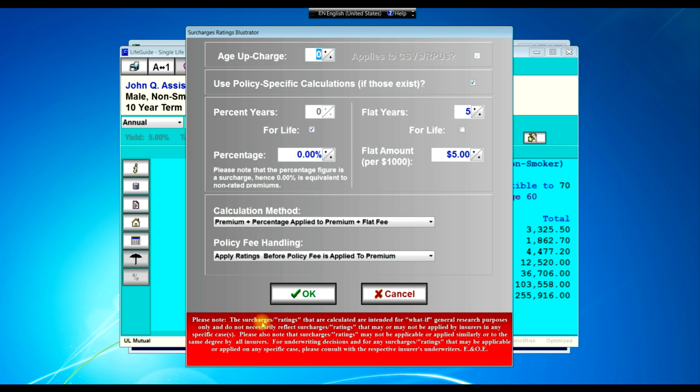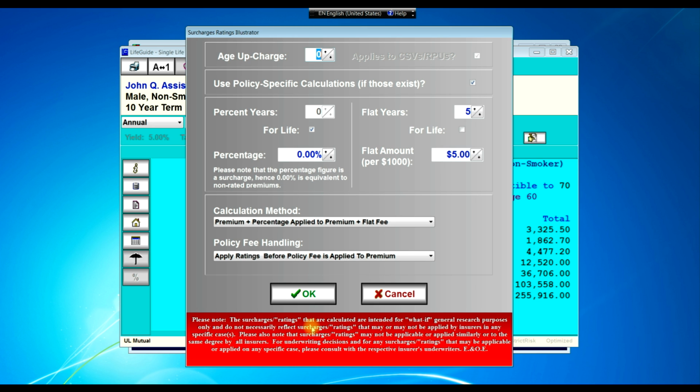With that important fact to keep in mind, LifeGuide's Ratings Illustrator includes the important caution notice at the bottom here that states the surcharges ratings that are calculated are intended for what if general research purposes only and do not necessarily reflect the surcharges or ratings that may or may not be applied by insurers in any specific cases.